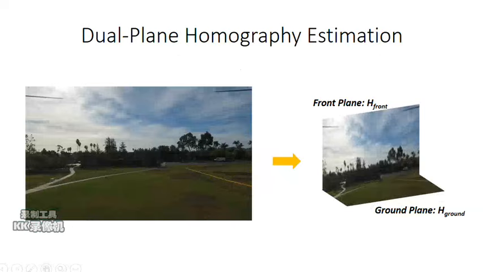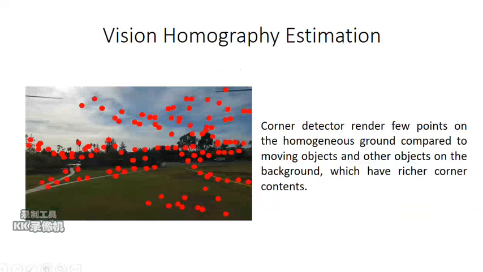In our scenario, the goal is to extract two homography matrices, for the front plane and the ground plane. Assume that the aerial image is dominated by the ground. This homography is induced by corresponding points on the ground plane. Usually, corner detectors such as Harris are utilized to extract features, followed by a robust estimation technique such as RANSAC.